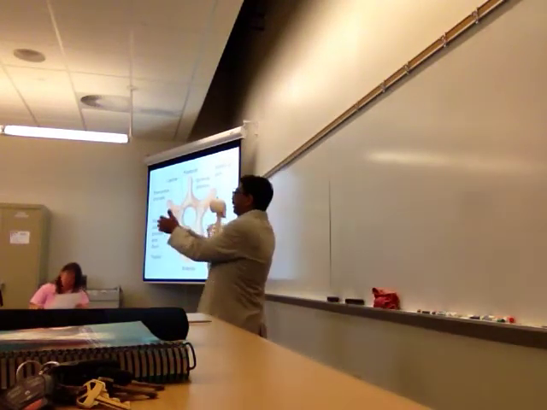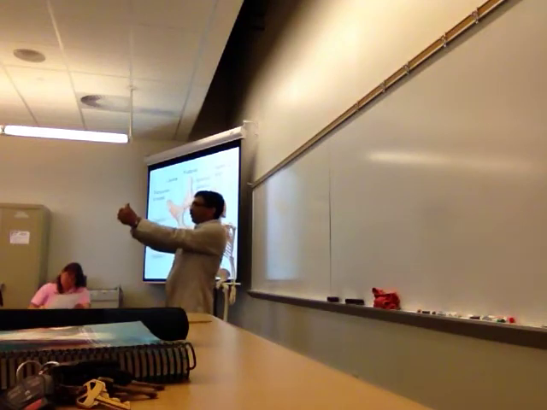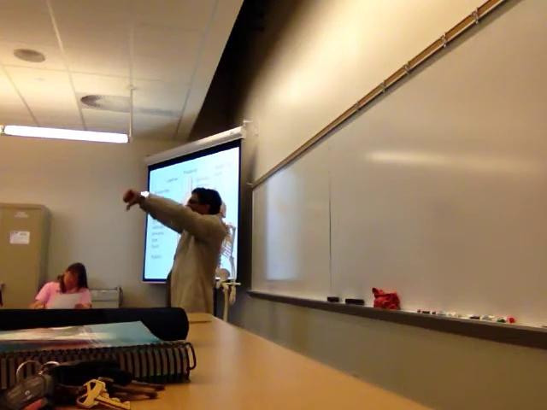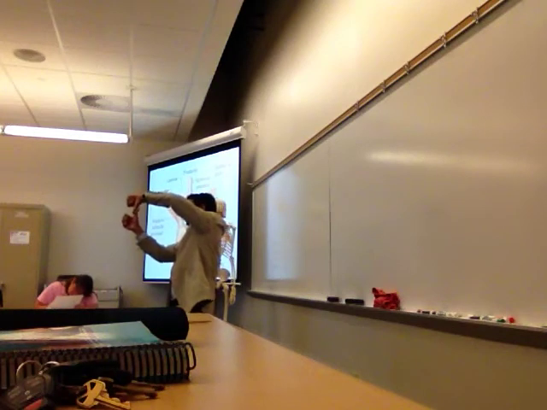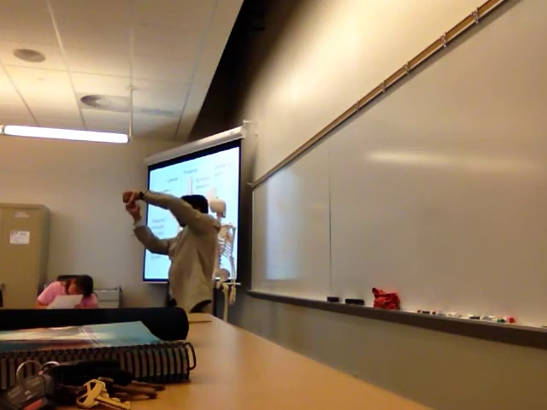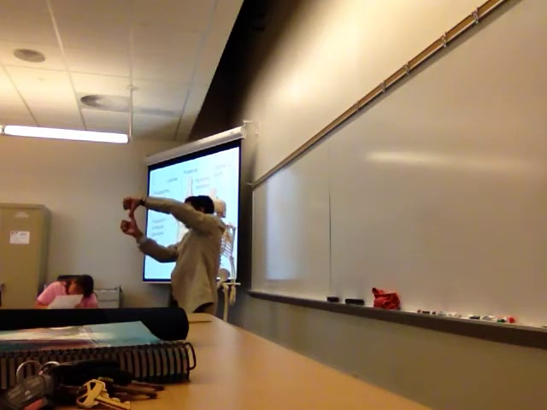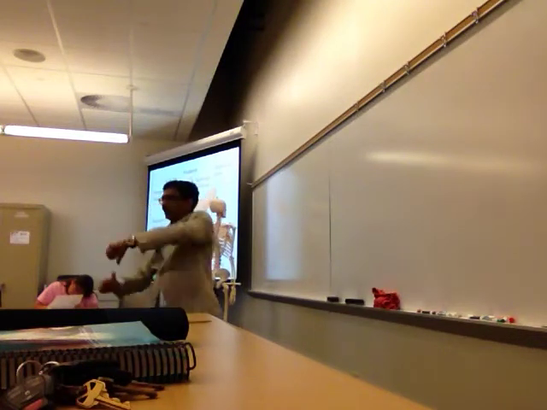And if this is the vertebra, these are the superior articular processes, and it also has inferior articular processes. So the superior articular processes of the vertebra below will articulate with the inferior articular processes of the vertebra above. So they will connect like this. This is the inferior of the vertebra above. This is the superior of the vertebra below. So they will get attached like this.